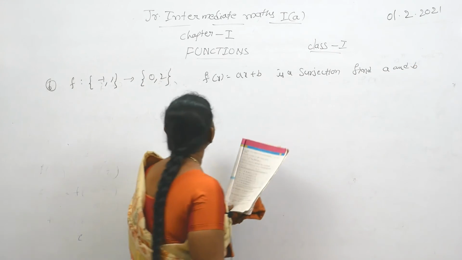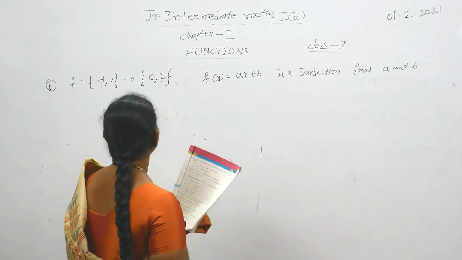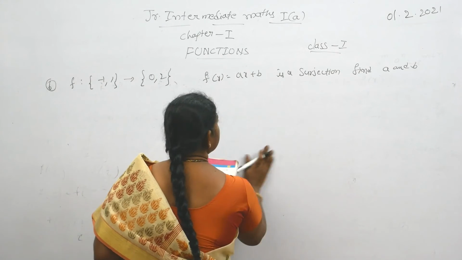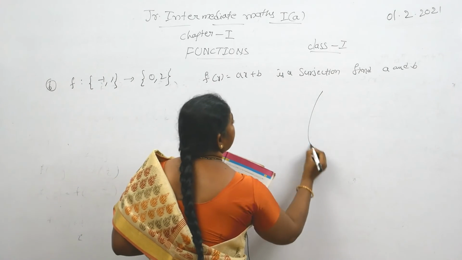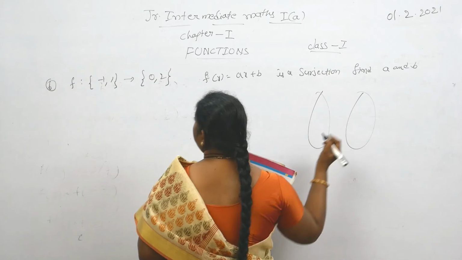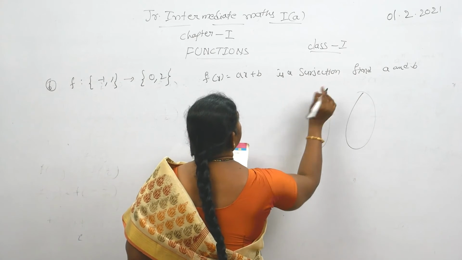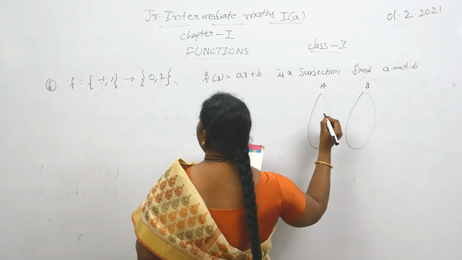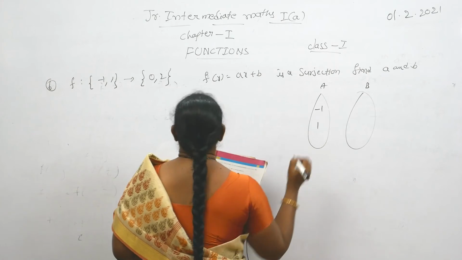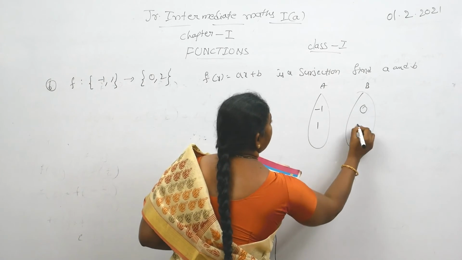So here two sets are given. Suppose A, B, here -1, 1 and 0, 2.